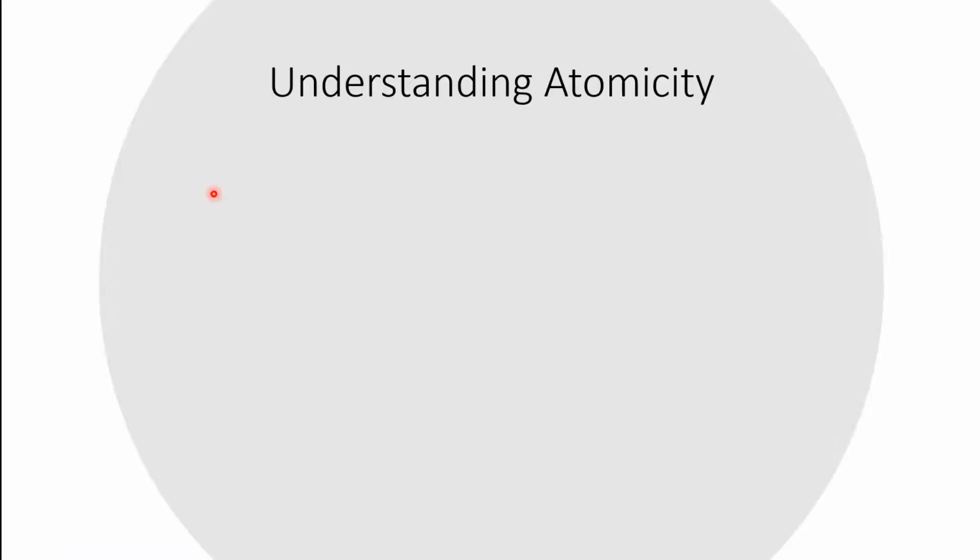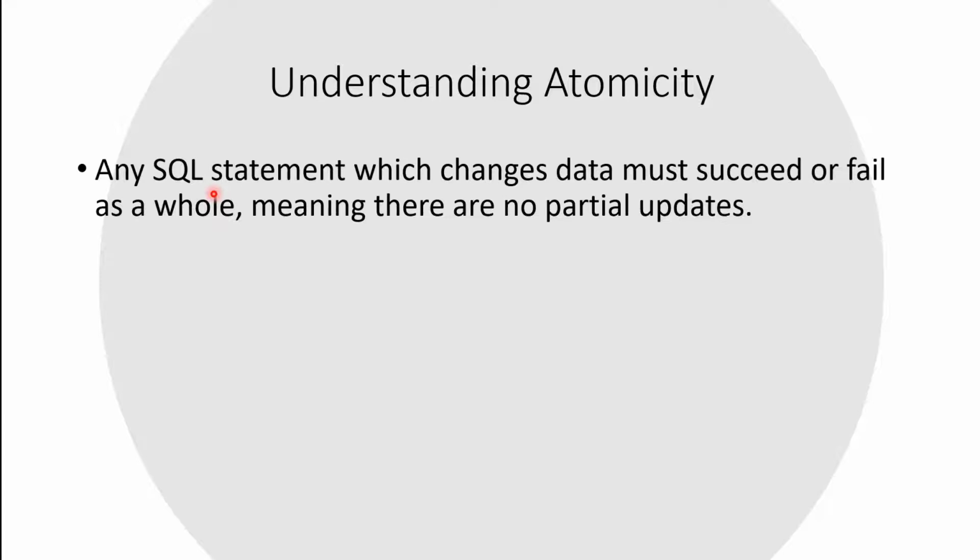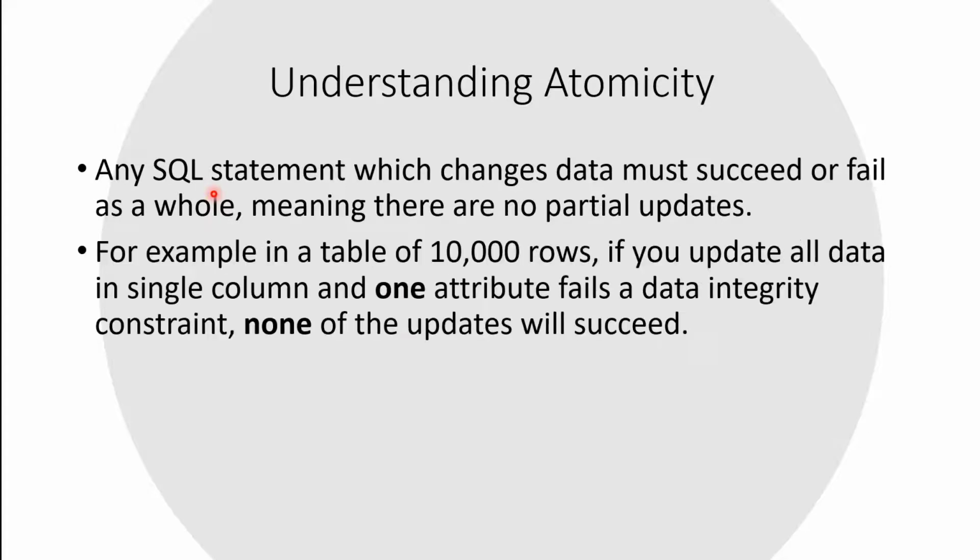So let's take a minute and understand the atomicity of a relational database. Any SQL statement which changes data must succeed or fail as a whole, meaning there are no partial updates. For example, if there are 10,000 rows and you update all the rows with a single statement, but one of the values affected will cause the check constraint to fail, then none of the updates will succeed.